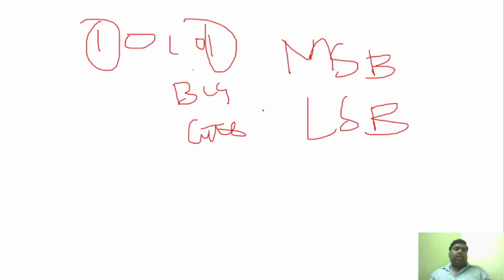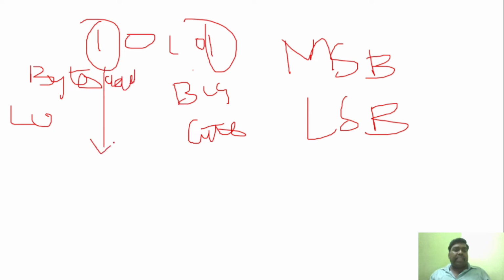Big Endian, understand one particular concept. We are going to represent using byte address. These are the two representations for byte address. If the MSB of the number is represented using the lower order byte address, then it is called big endian.